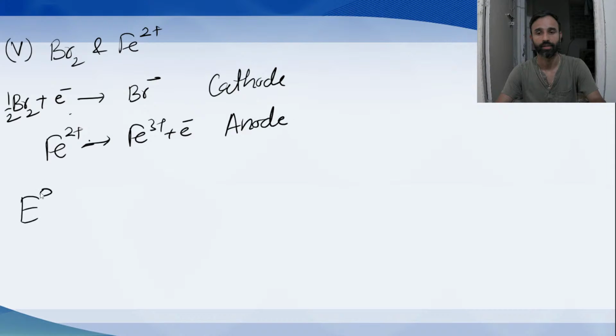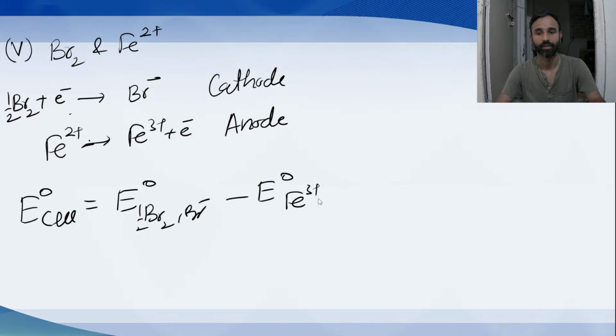So what is E° cell? E° cell is E° half Br2 to Br negative minus E° Fe3+/Fe2+.